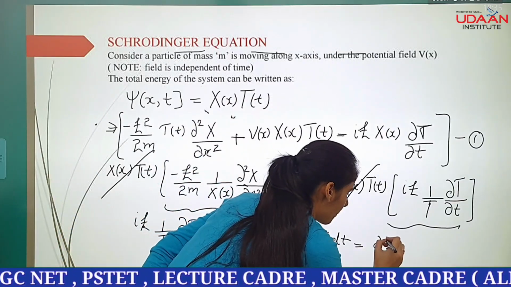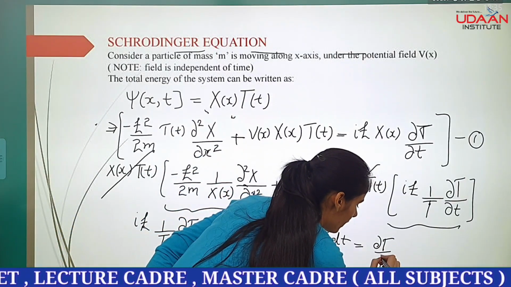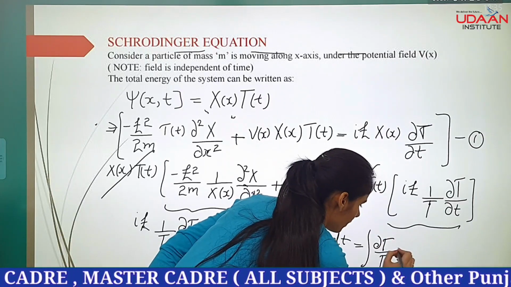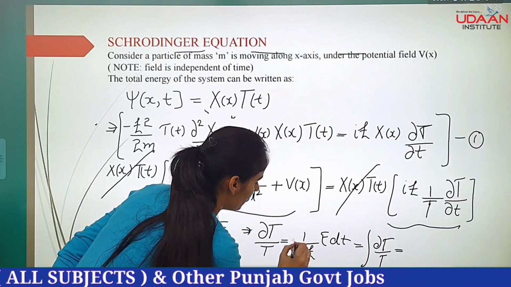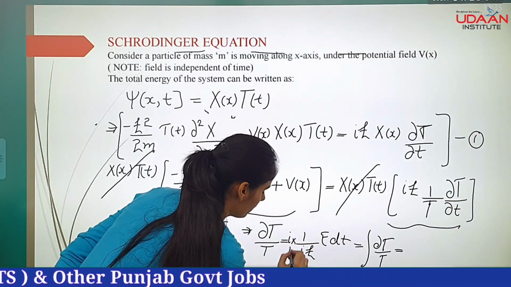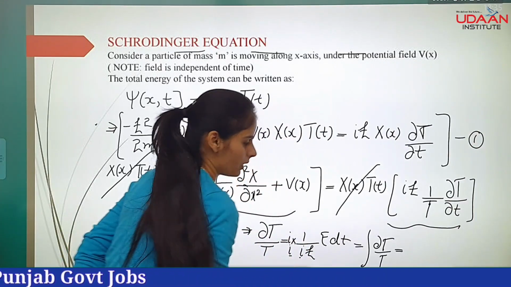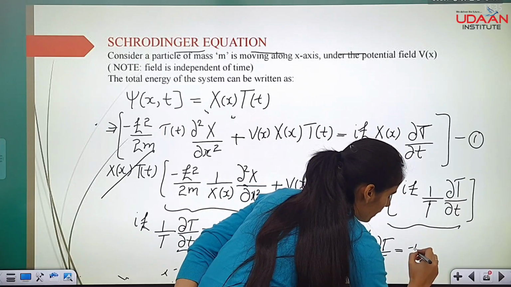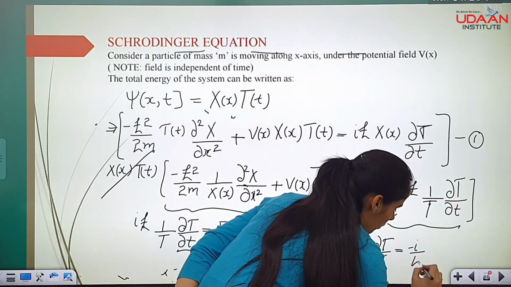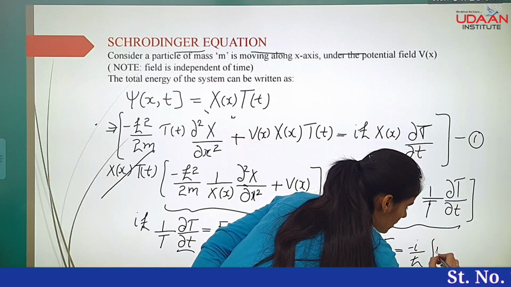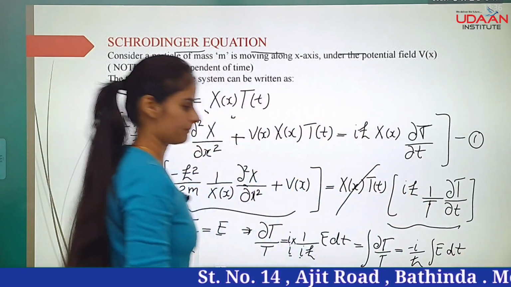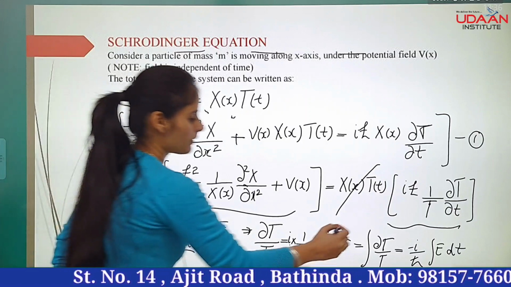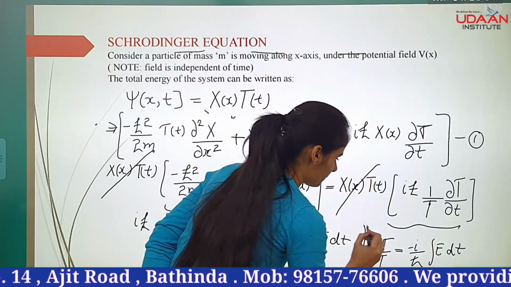So del capital T over T integration is equal to, multiplying both sides by iota, so here iota square is minus 1, so it's going to be minus iota over h bar integration E dt. So this is our equation.